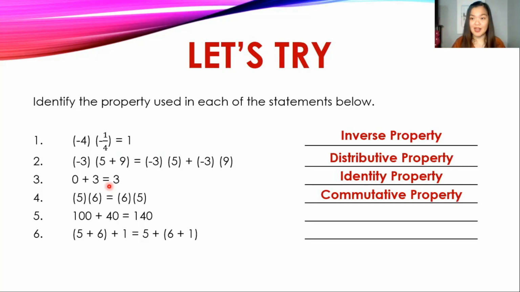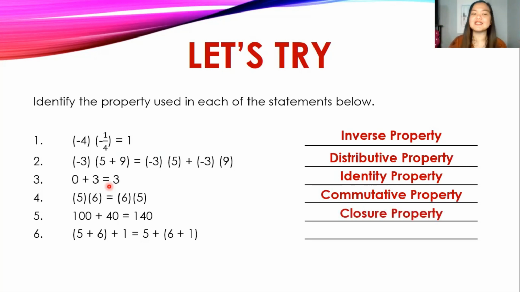In number 5, you have 100 plus 40 equals 140. What property is that? When we get a real number plus another real number, the answer is also a real number. So that's correct, it's closure property.